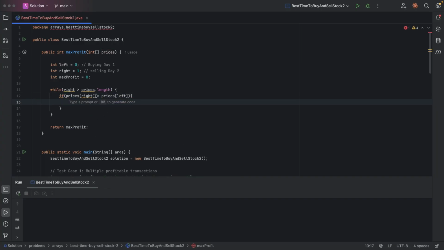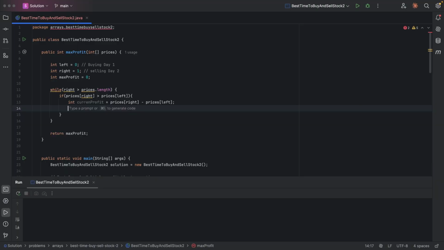This is day 2 for the first case, and this is day 1. We are taking the difference of it. So let's call this current profit. We know this is going to be profit because the price on the selling day on the right is greater than the price when we bought the stock. So let's take a difference of it.